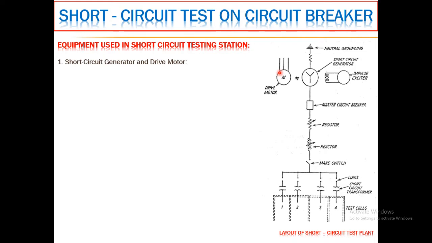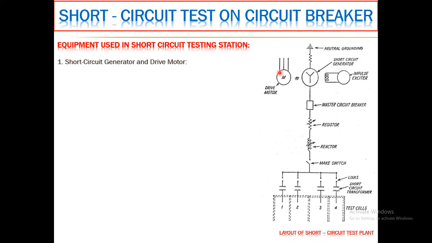The requirement of this short circuit generator is to provide the short circuit current at the required level of test voltage, which you can consider a sort of recovery voltage. The EMF induced by this short circuit generator is basically the recovery voltage. In power plants the generators have separate excitation, whereas here the impulse exciter is used.